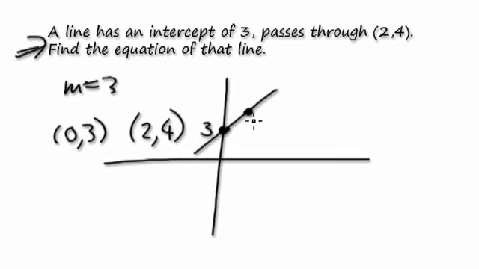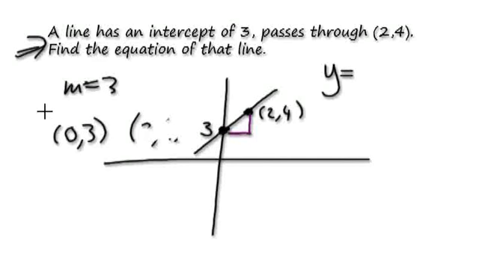So basically, you've got to find out the gradient here. So you've got your line here. Find out the gradient. So this is 2, 4. Let me get rid of this.